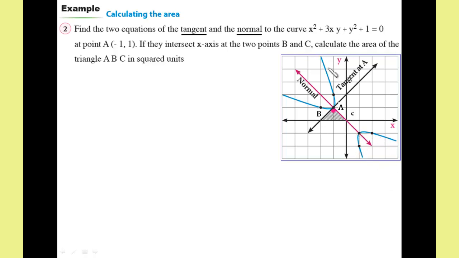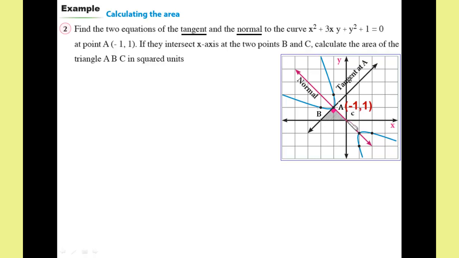At the point A of coordinates -1 and 1, the required is to find the tangent to the curve at this point and the normal to the tangent. The tangent and the normal intersect the x-axis at 2 points B and C.